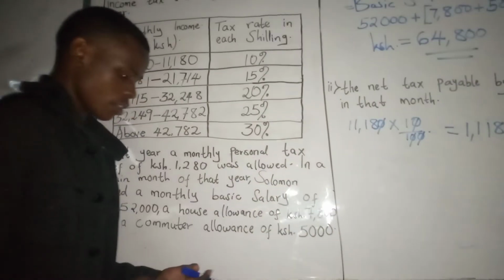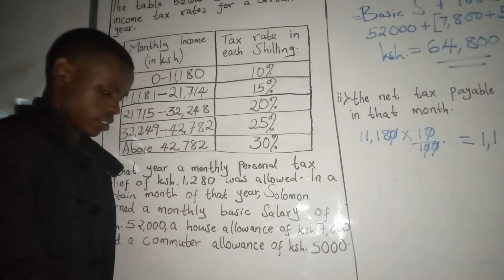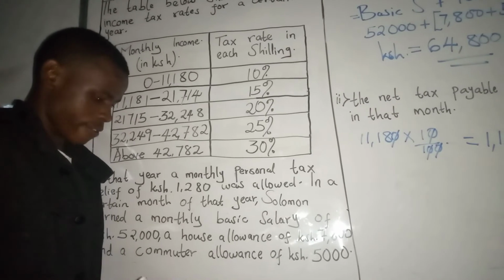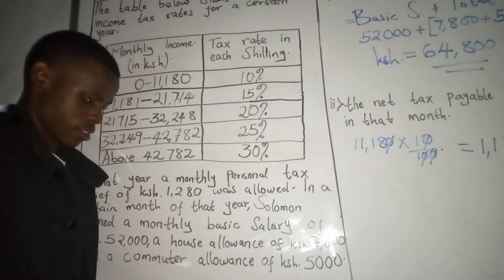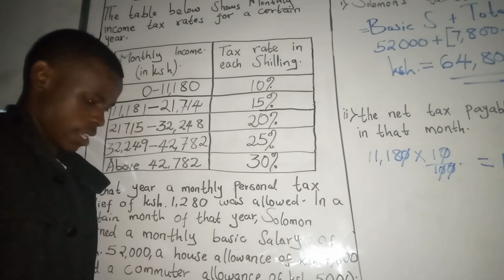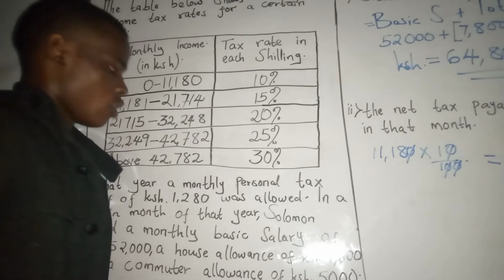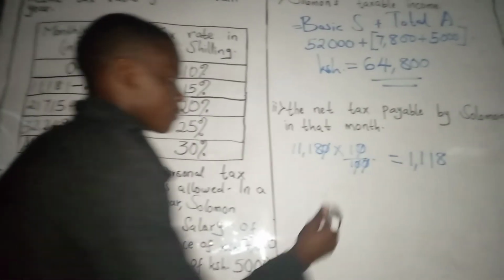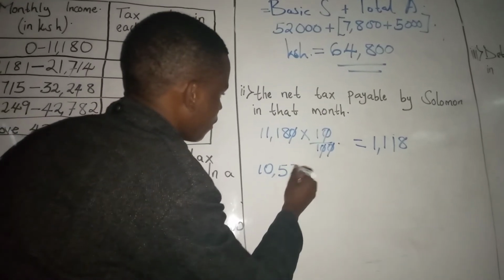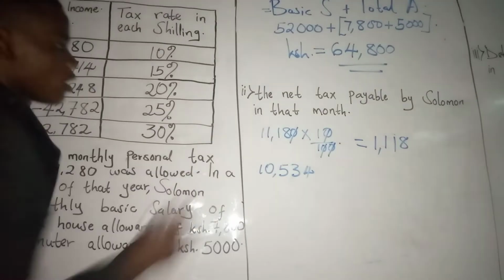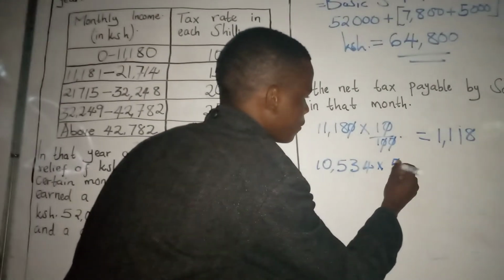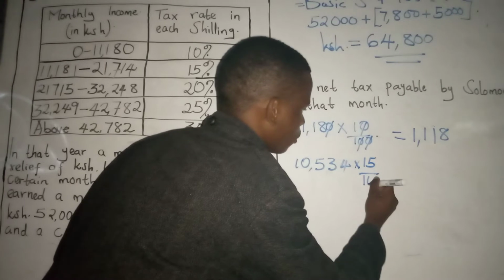So if we subtract, it is going to become 10,534. So this one we are going to multiply by 15%, so multiply by 15 over 100.